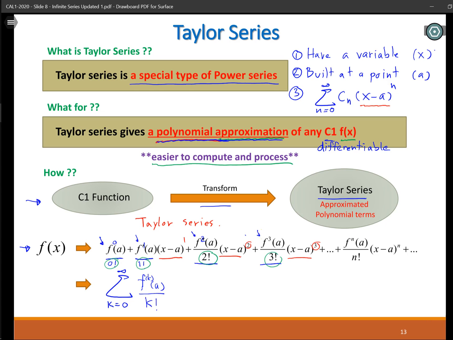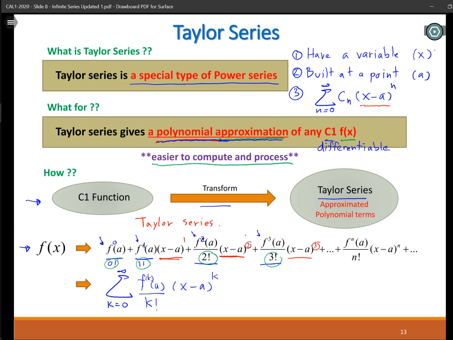Alright. Now, let's take a look at the next one. We are looking at this polynomial term. Alright, so let's put it here. X minus a. And as you can see here, with the 0 term, we don't have x minus a. So this power would correspond to k right here. K equal to 0, this is gone.